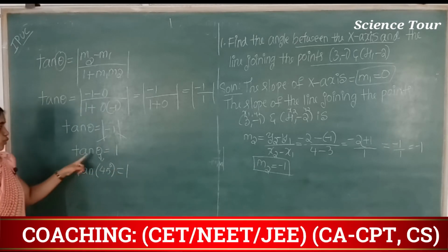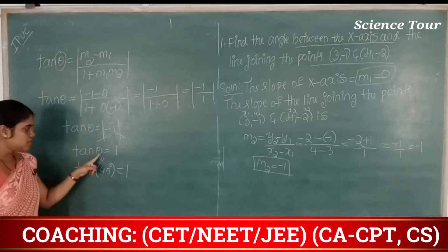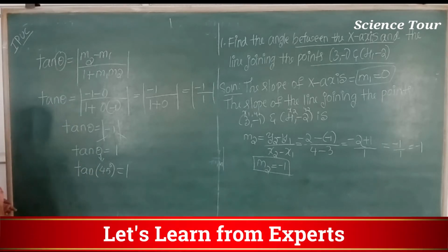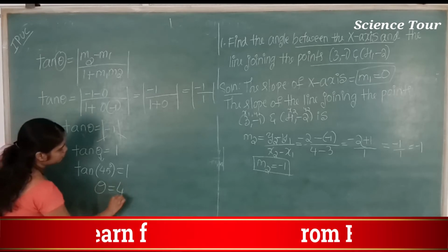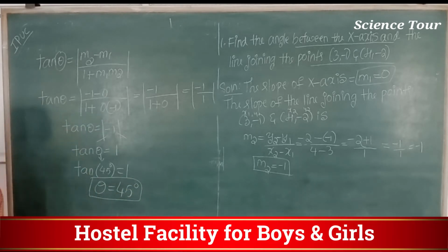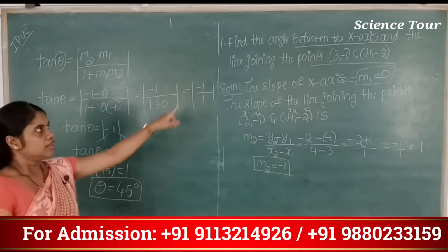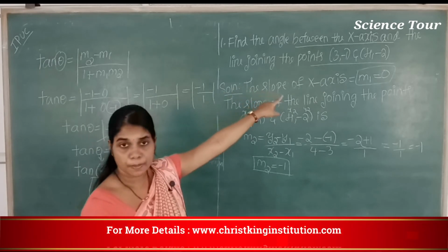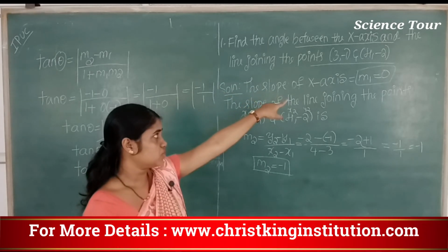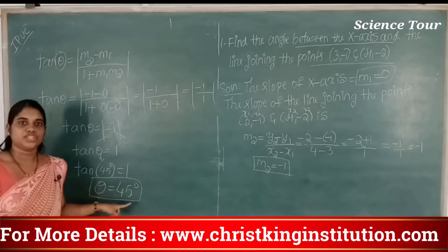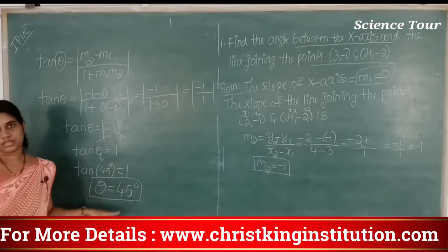So therefore you can observe here, in the place of theta, which value you have? 45 degree, right? So the required value of angle is equal to 45 degree. Therefore the angle between the x-axis and the line joining the points 3, minus 1 and 4, minus 2 is given by 45 degree. This is the answer.